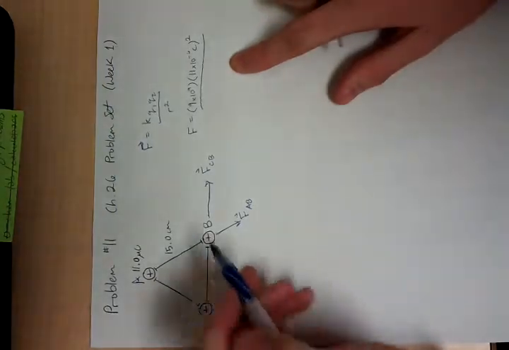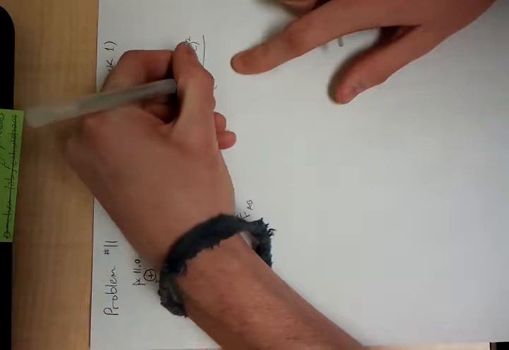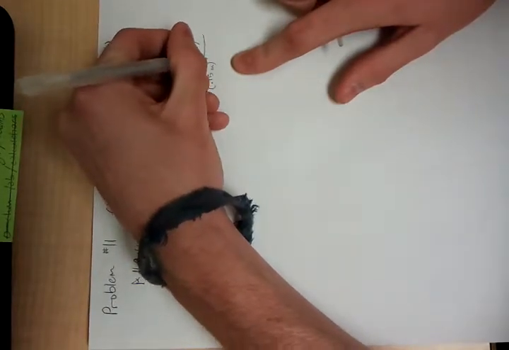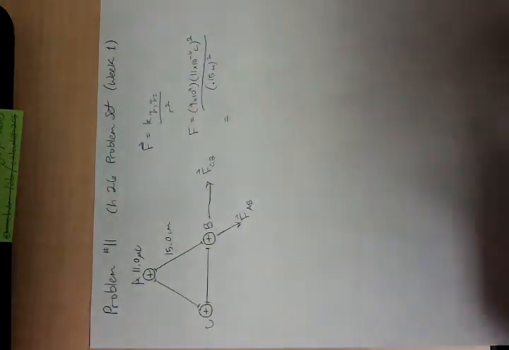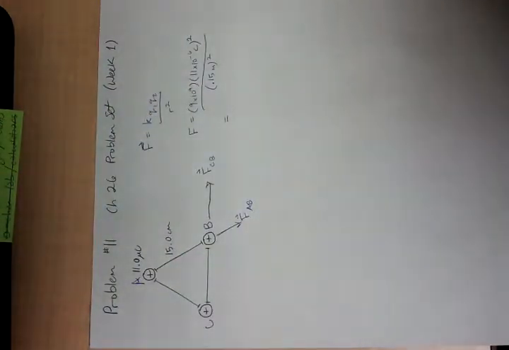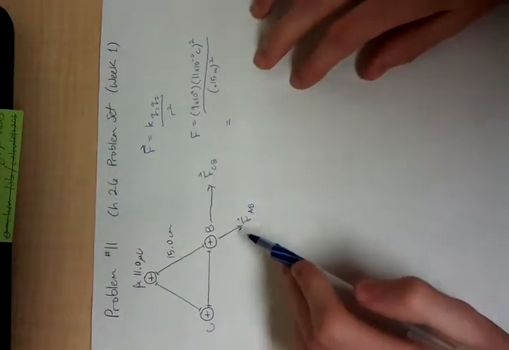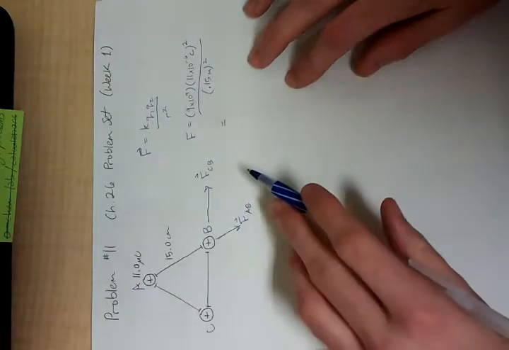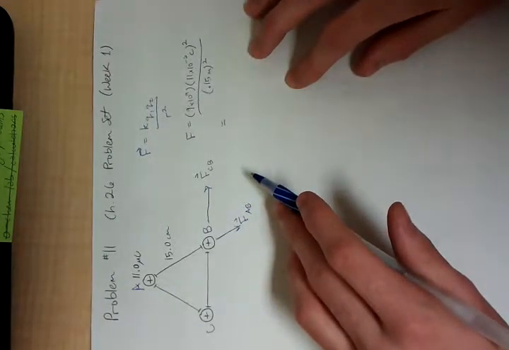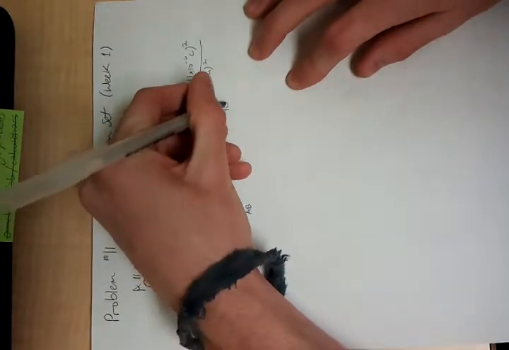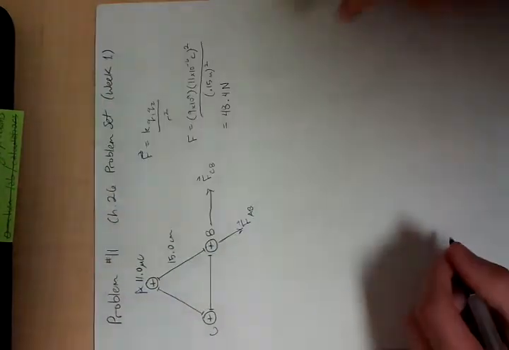And the distance between any of these charges is 15 centimeters, which we want to convert to meters, so 0.15 meters. We can solve for that, and we get a force acting on charge B, force C on B or force A on B, equal to 48.4 newtons.